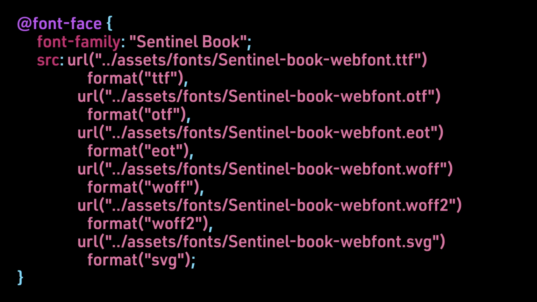Each of the formats has its own URL, and we are telling the browser what kind of file it is by specifying the format. If our font name has more than one word, we need to enclose it in quotes.